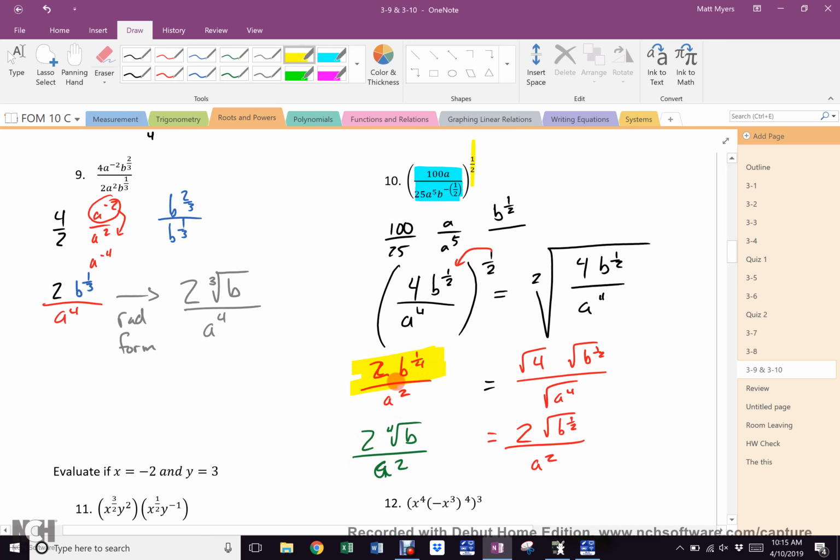This answer is right. This answer is right. And this answer is right. I would accept any of them, which is why, ladies and gentlemen, the exponent test ends up being difficult for you. Because you don't actually know when to stop working.